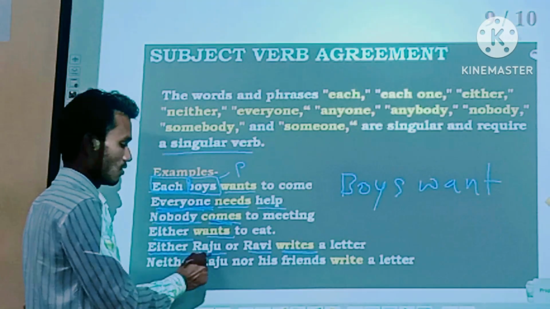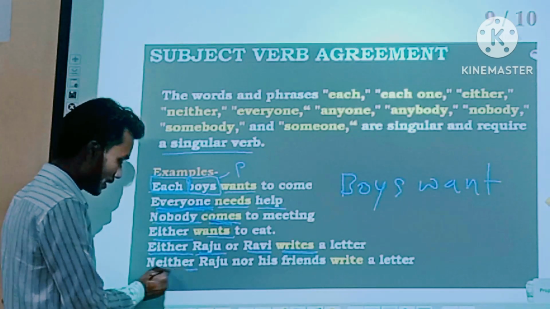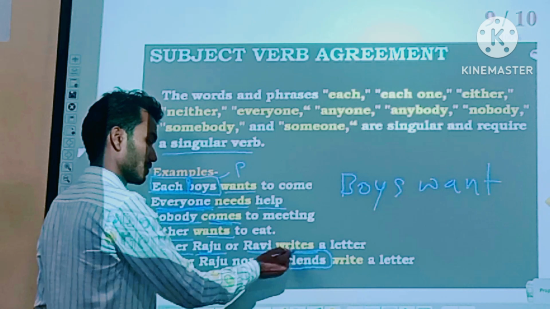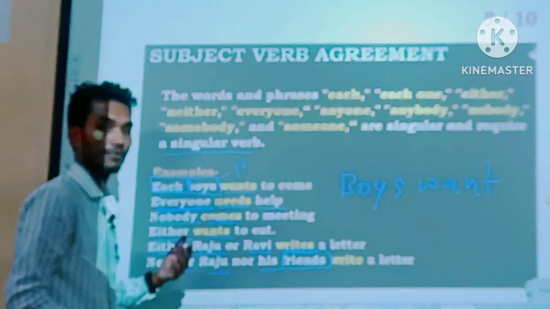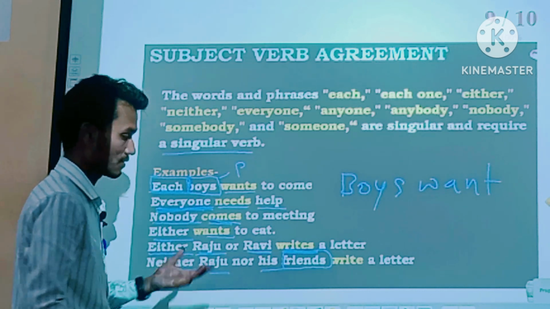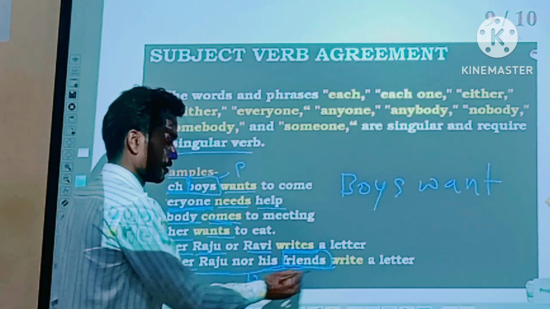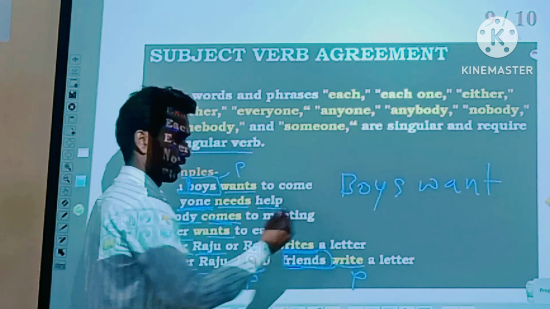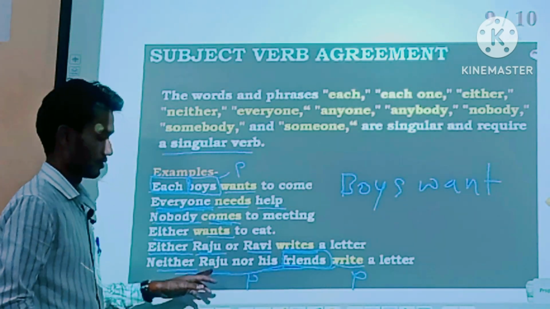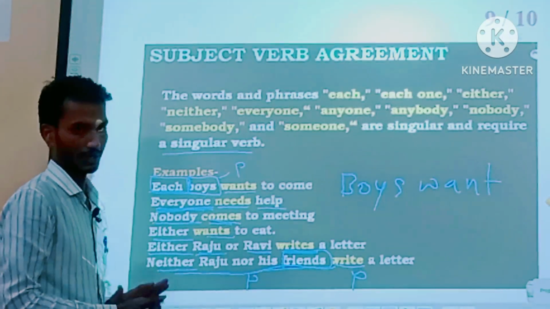Either Raju or Ravi writes a letter. Then neither Raju nor his friends, it's not friend, it is friends. The subject here is plural. That's why the verb should be plural. Write a letter, right? Neither Raju nor his friends write a letter.